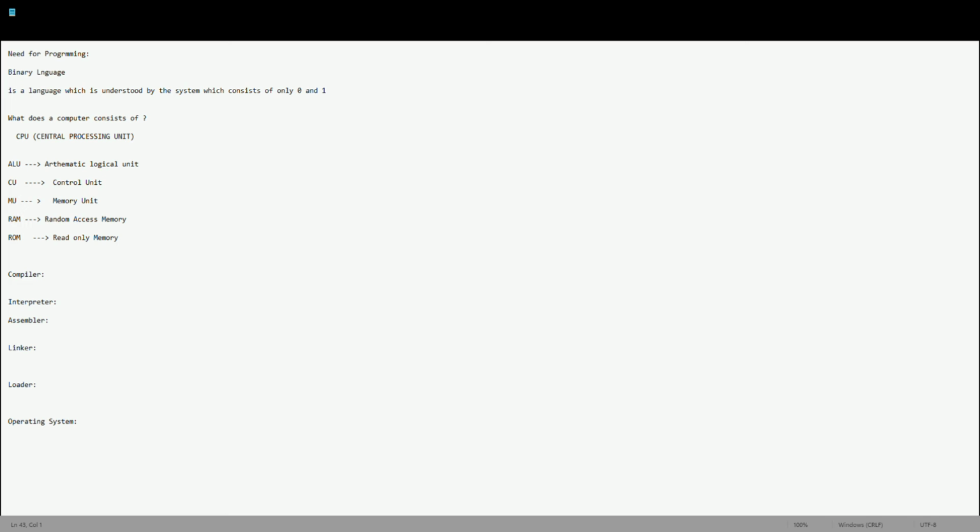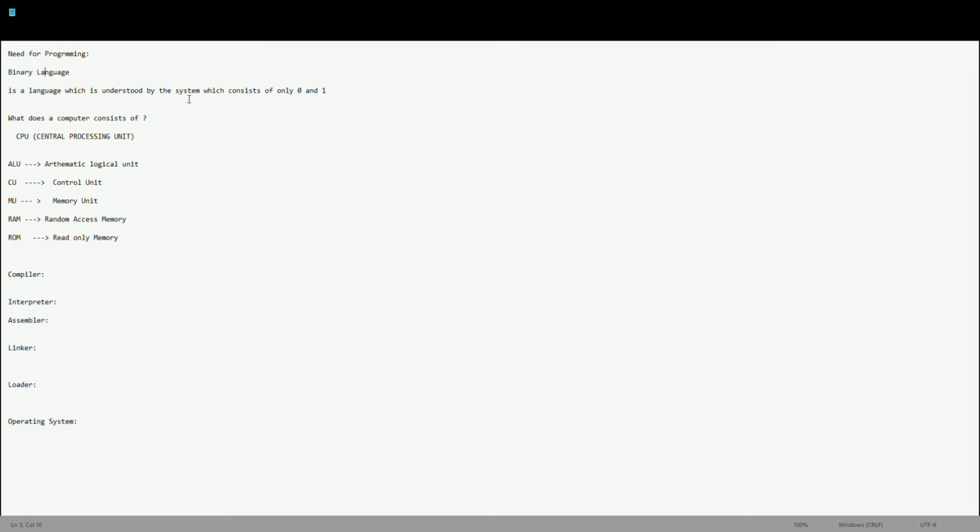Okay, now we know what programming is. Okay, how can we write programs? There must be a language for the program, right? Unfortunately, our systems cannot understand normal communication languages such as English, Spanish, German, etc. So we need to find a language which systems understand in order to get our task done.